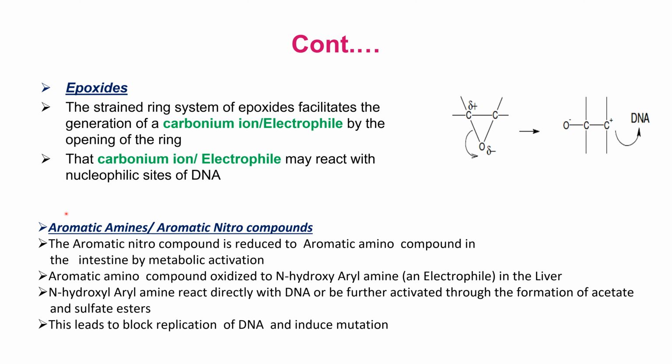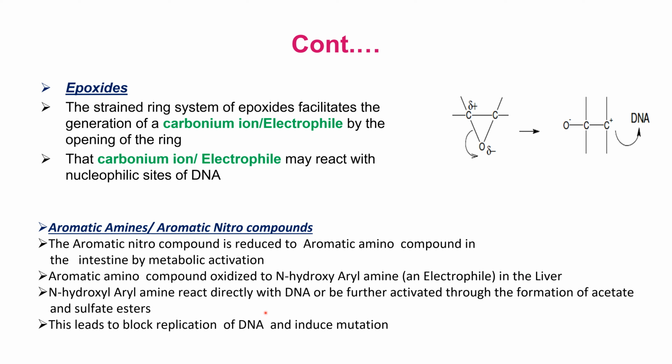Now the question is why aromatic amines or aromatic nitro compounds are genotoxic in nature. The aromatic nitro compound is reduced to an aromatic amino compound in the intestine by metabolic activation. The aromatic amino compound is oxidized to N-hydroxyarylamine, which is an electrophile, in the liver.